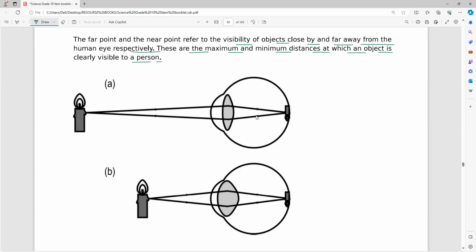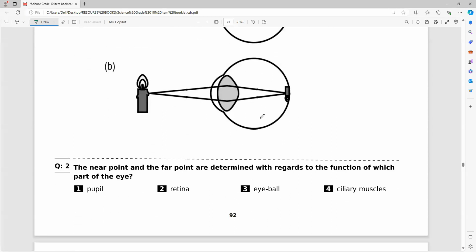Now the near point and the far point are determined with regards to the function of which part of the eye? Anybody? How will you decide the near point and far point? The thickness of the lens has to be adjusted. So the thickness of the lens has to be controlled by whom?